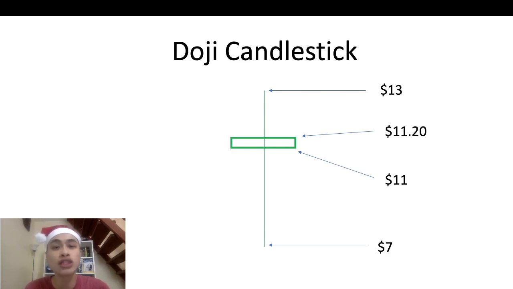If a Doji candlestick appears in an uptrend, this can indicate that the uptrend might be reversing into a downtrend. And if a Doji candlestick appears in a downtrend, this can indicate that the downtrend might be reversing into an uptrend. So the Doji candlestick is the first variation of the candlestick, and it indicates to us that the existing trend might be reversing on your charts.